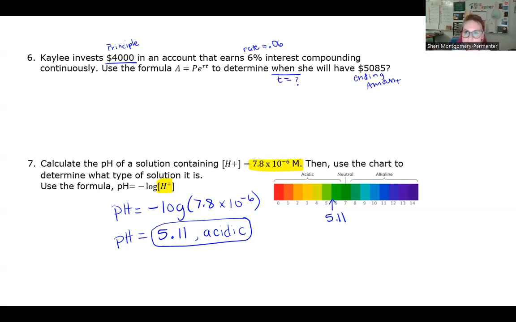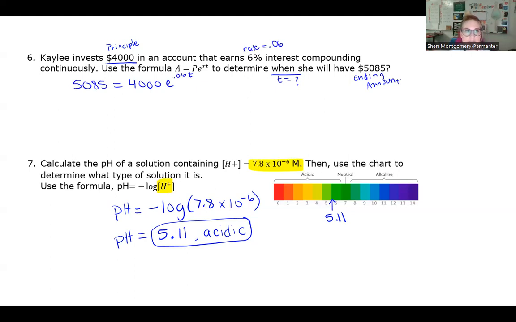So to solve this, I'm going to plug in the things I know. 5,085 is equal to my principal, 4,000, times E, which is Euler's number, raised to the rate times time. To solve this, I have to get the exponent by itself.